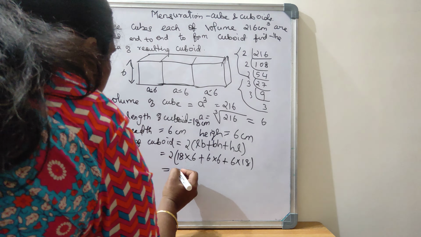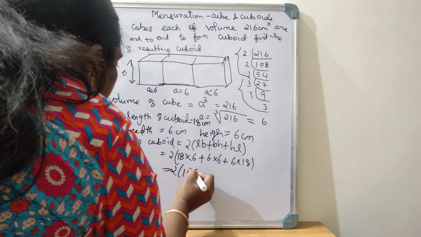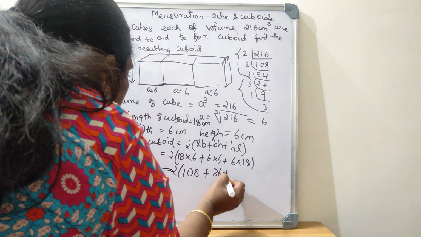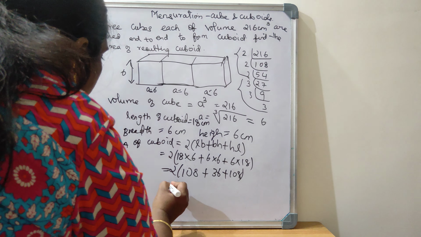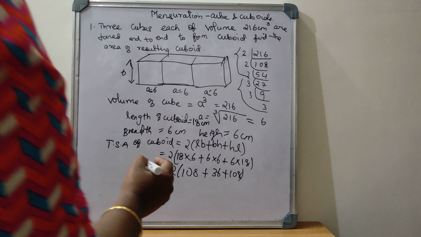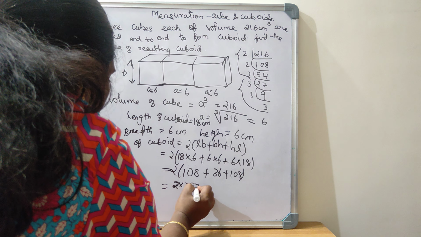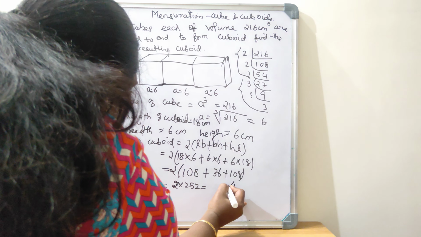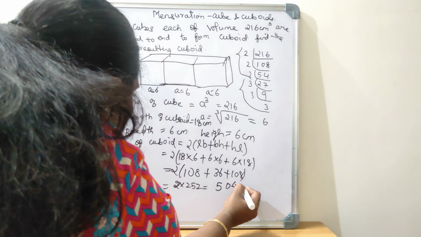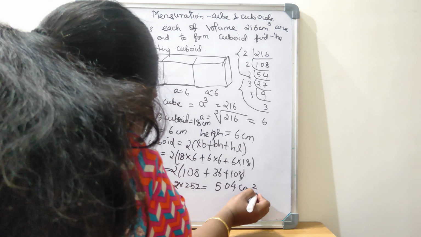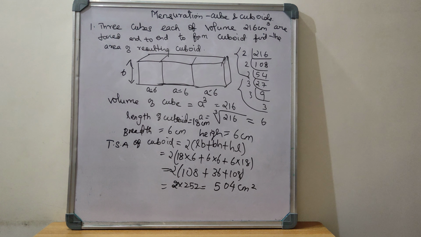So we'll get 2 into 108 plus 36 plus 108, that equals 2 into 252, that is 504 centimeter square. You should not forget to write the units. So the surface area of the cuboid is 504 centimeter square.